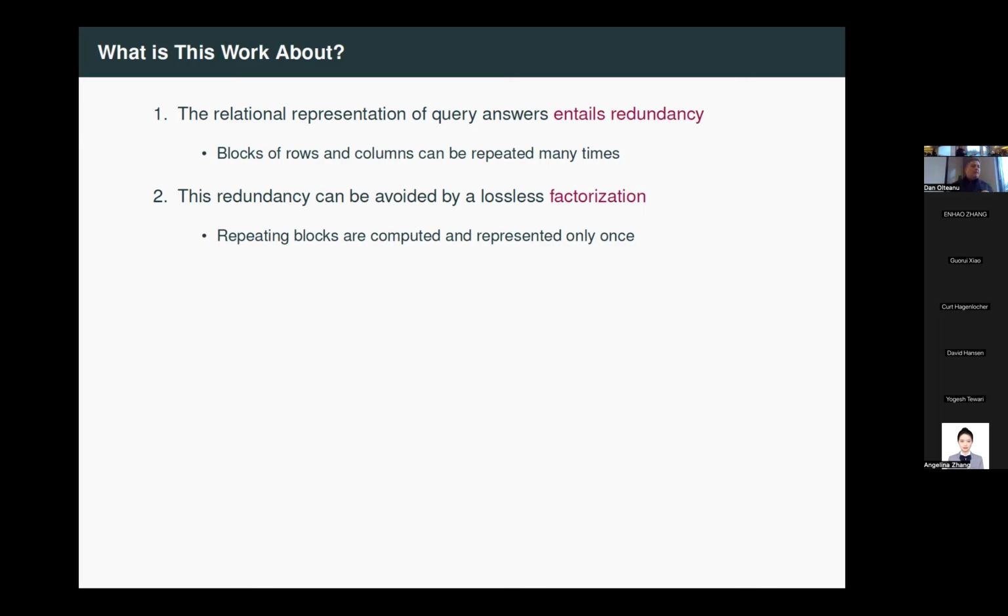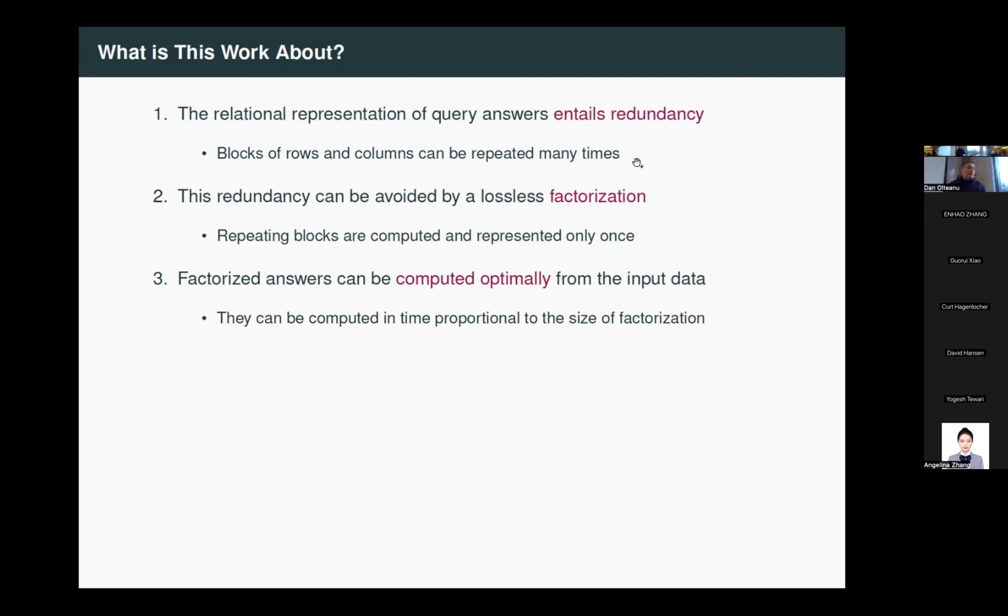We want to avoid repeating these blocks, to only have them once, not only in representation, but also in computation. We would like to compute them once and know that they are used several times. Now, why did this work become interesting? Because of two reasons.